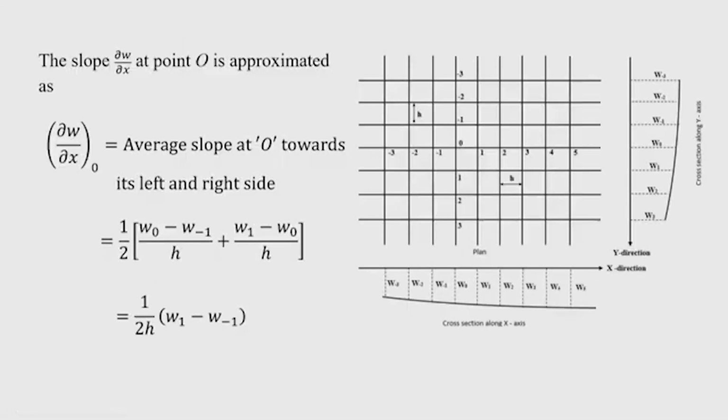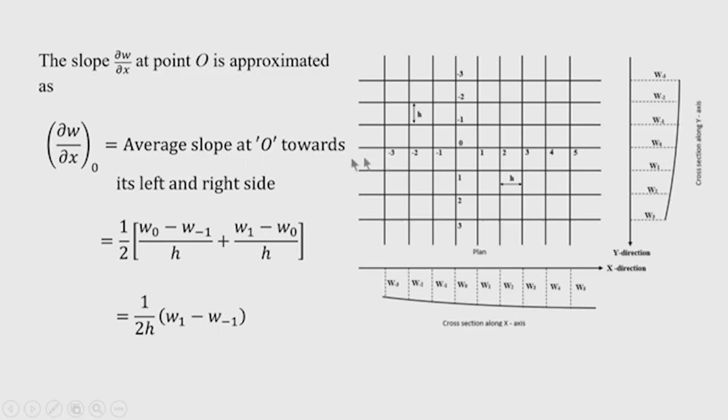Now let us find first the slope. Slope is nothing but the first derivative of the function. So at node O, that is the 0 node, we want to find the slope. In the forward direction we have the quantities w1, w2, w3, etcetera from 0, and in the negative direction the quantities w-1, w-2, w-3.